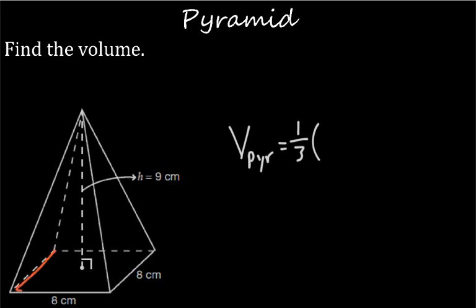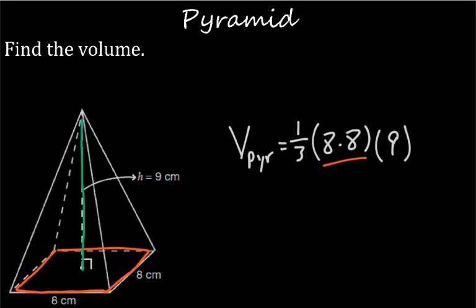Since the base here is the square, we have 8 times 8 as the area of that square, and the height here is 9. So we have 1/3 multiplied by 9. And that turns out to be 192 cubic centimeters.